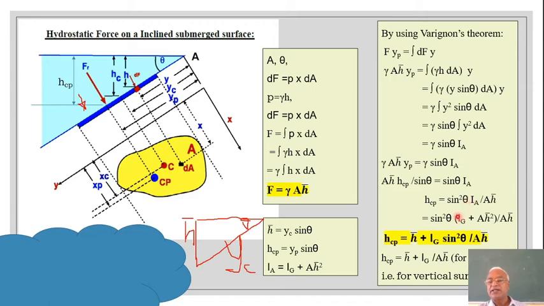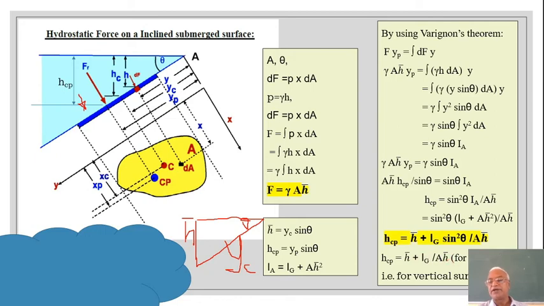IA is IG plus A H bar squared, as we have seen by the parallel axis theorem, divided by A H bar. Now if I take this inside, A H bar squared over A H bar will be H bar, plus IG sine squared theta by A H bar. That is what remains. Now the overall expression for hcp will be equal to H bar plus IG by A H bar.